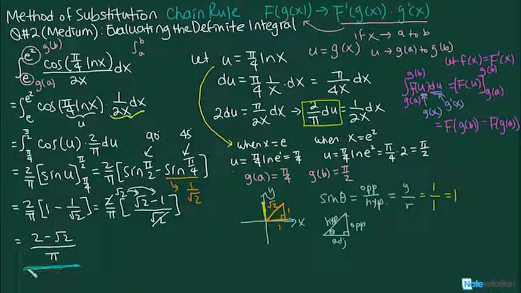And so to answer the question, using the method of substitution, evaluate the definite integral going from this interval right here, this complex function. By using substitution, letting u be some function that is within this bracket, usually it's the complex one, and see the simpler one and see if that's some form of a derivative of the complex function that's within another function. It's usually like square root, trigonometric functions and whatnot.